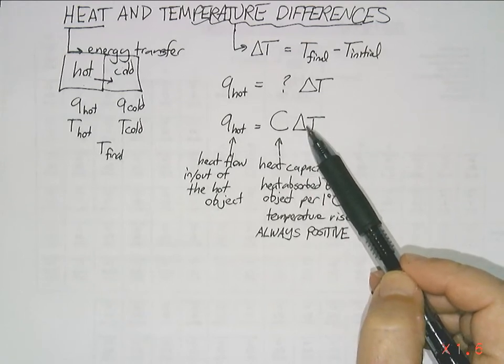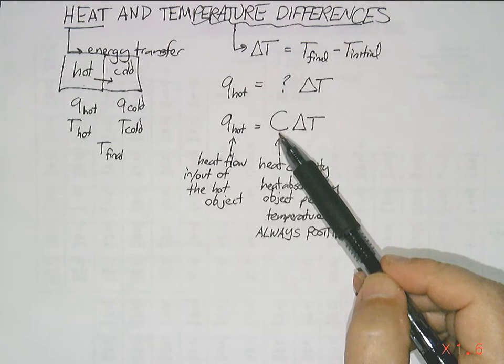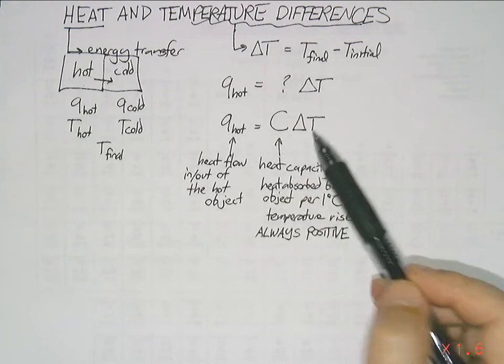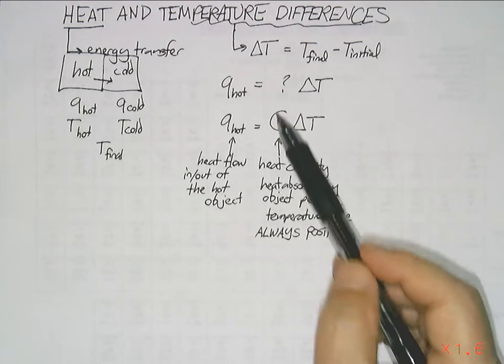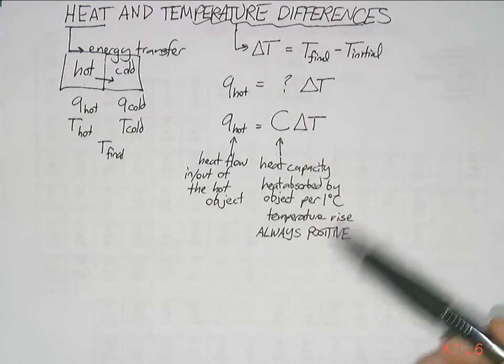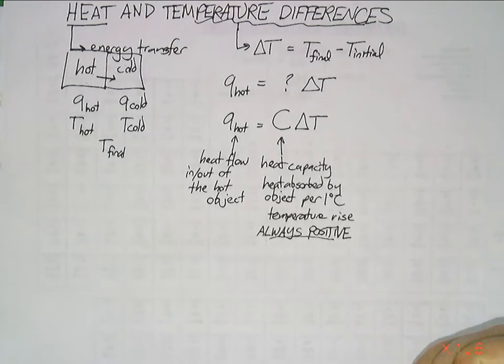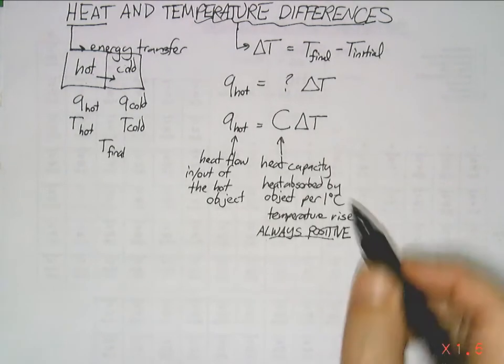So you can't heat something up and have it get colder, have the temperature drop. And for that to happen, Q hot and delta T have to have the same sign. And for that to happen, you've always got to have a positive heat capacity. This is kind of a sanity check on your results. If you're getting negative results for a heat capacity in your calculations, you missed a sign somewhere.